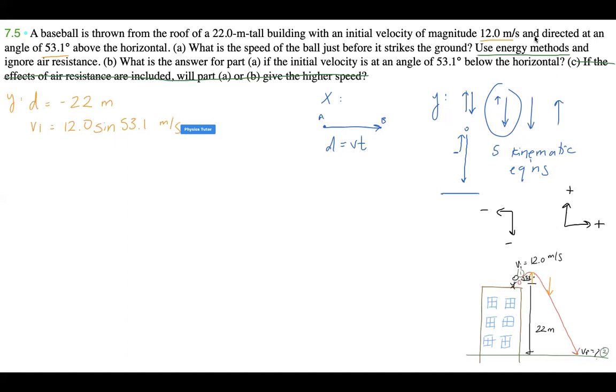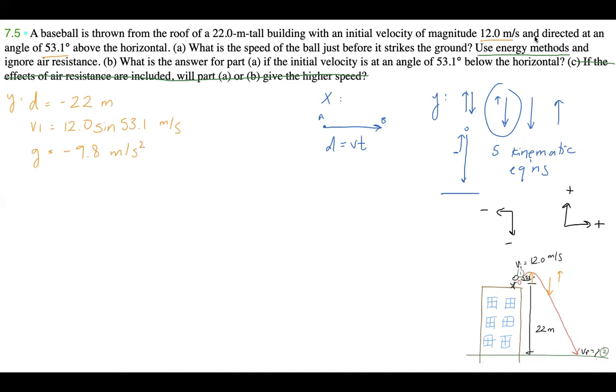In the y direction we have gravity, which is minus 9.8 meters per second squared. And remember VI, because this component is upwards, is positive 12.0 sine 53.1.